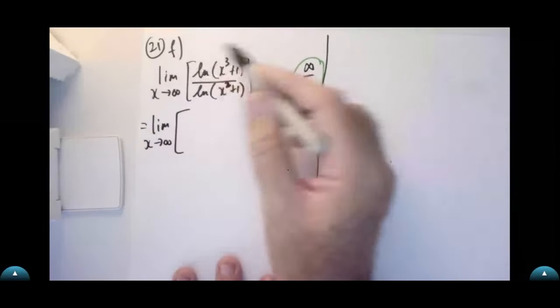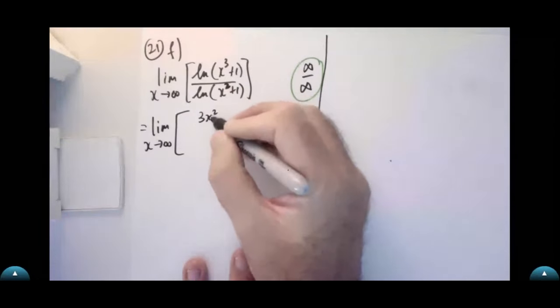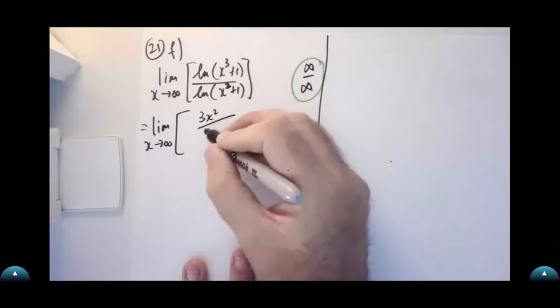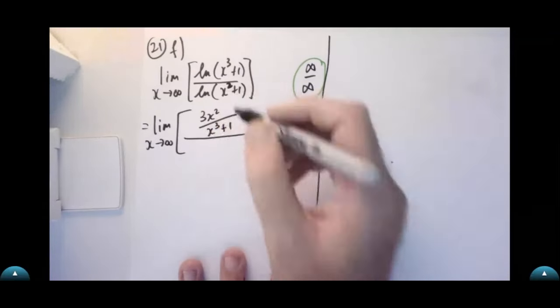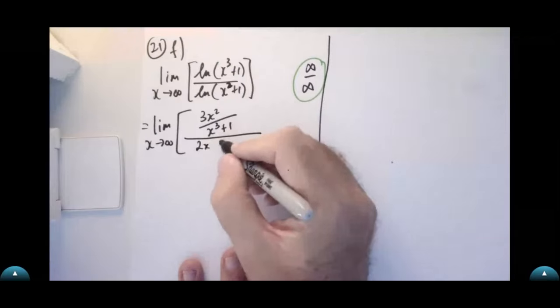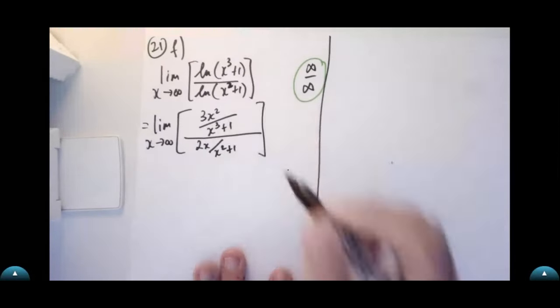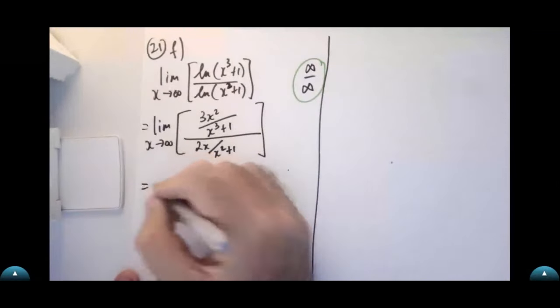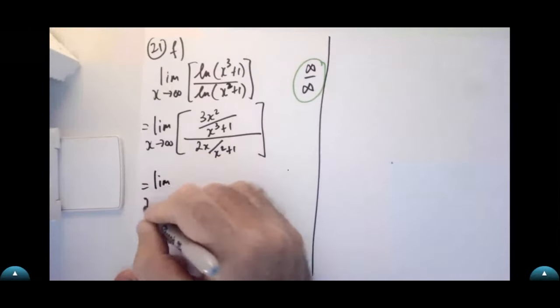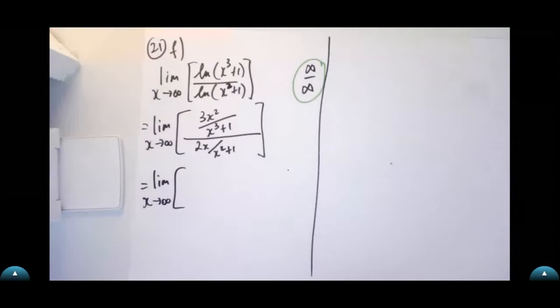So if we differentiate the top, I'll get something like this. If we differentiate the bottom, I'll get something like this. And I guess what I'm trying to do now is to simplify this. Okay.